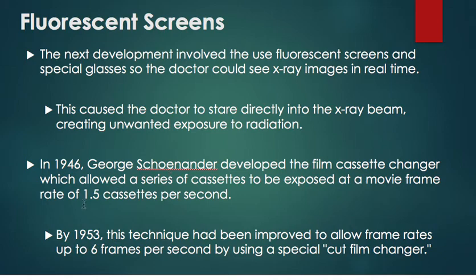And then by 1953, this technique had been improved again to allow a rate of up to 6 frames per second by using a special cut film changer, which was really beneficial when they were trying to image anatomy in real time. They wanted to see how things were functioning, and if they could only get one image every 10 seconds, it wasn't beneficial. So it improved with the film cassette changer going to 1.5 cassettes per second, and then in 1953 it was even better with 6 frames per second with the cut film changer.